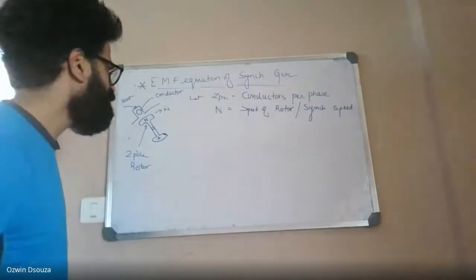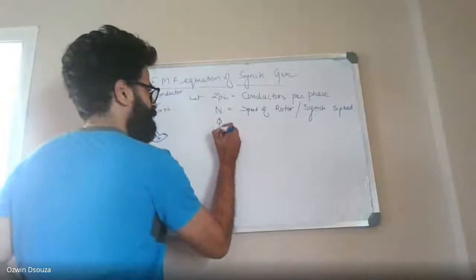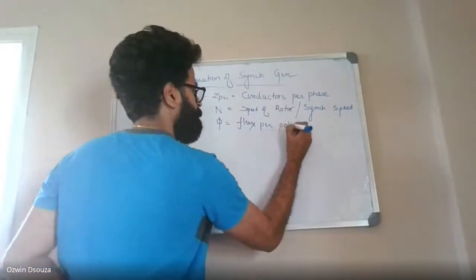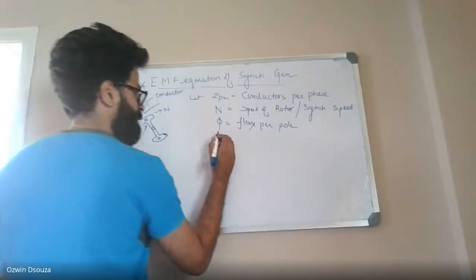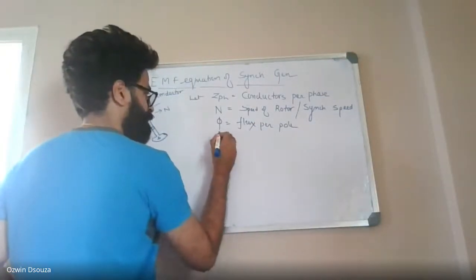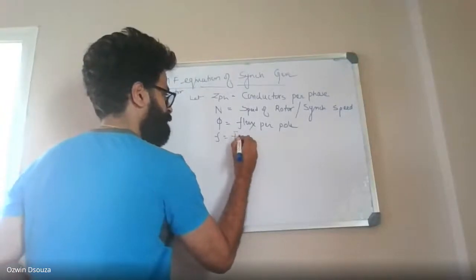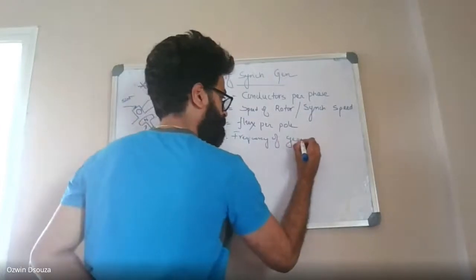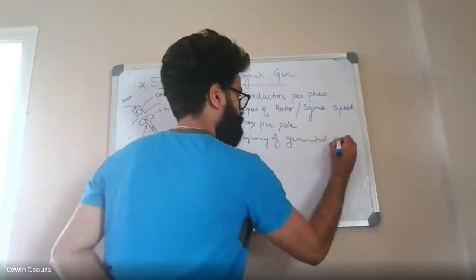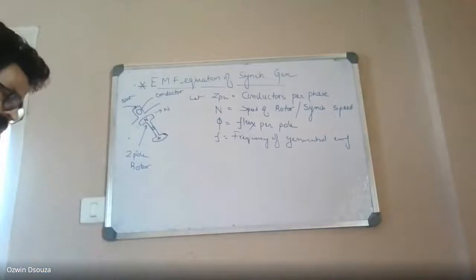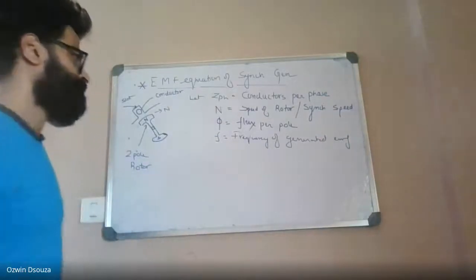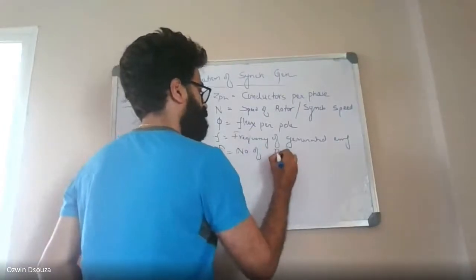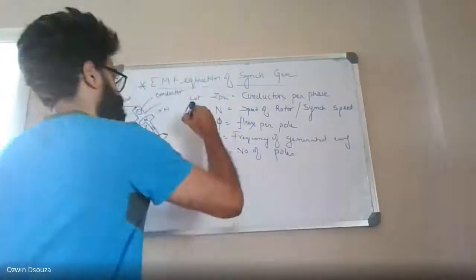And say phi is equal to flux per pole, F is equal to frequency of generated EMF, and P is equal to number of poles.